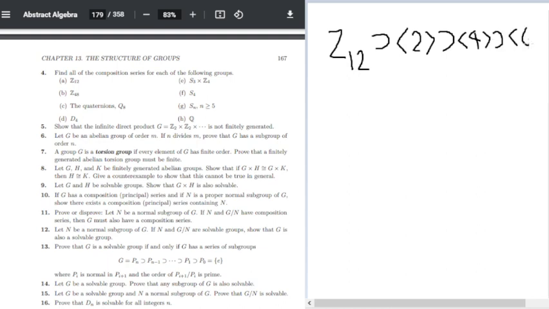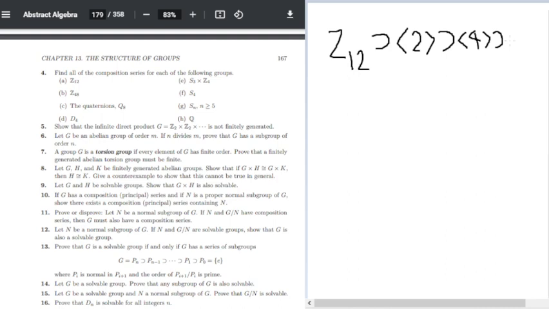Actually, not necessarily. Actually, wait, no, yeah, it is. Okay. So let's show that this is simple.